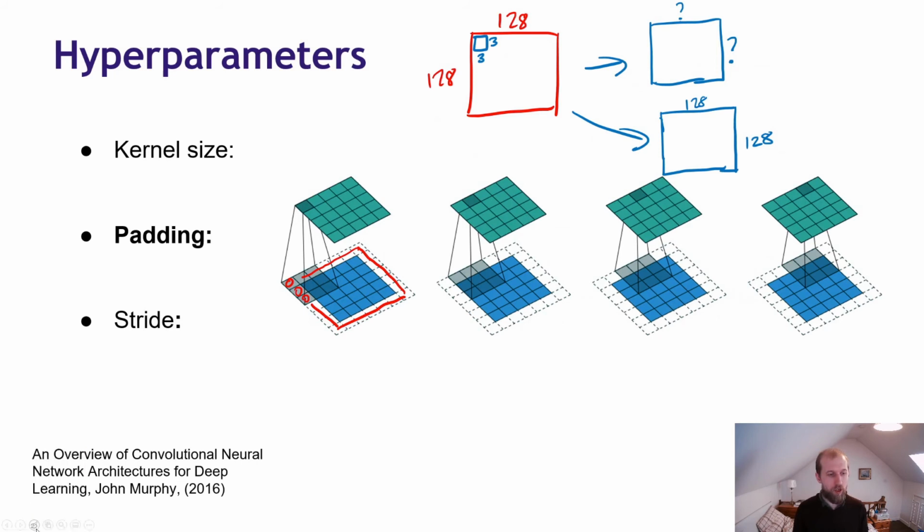So firstly, in this case, if we don't have any padding, then you're going to get a 126 by 126 output feature map, which is really not pleasant.